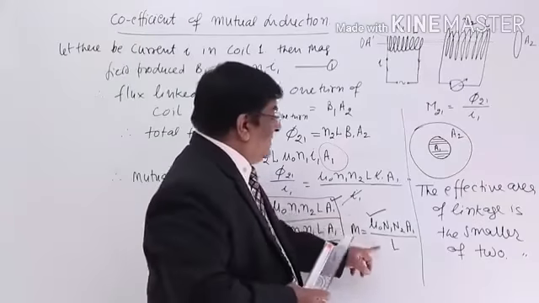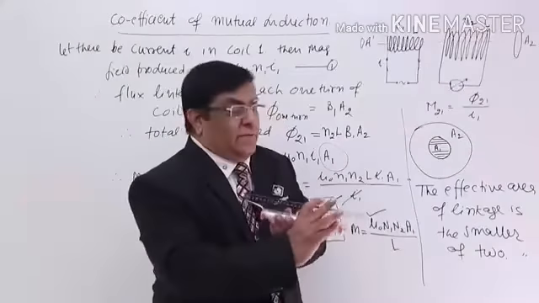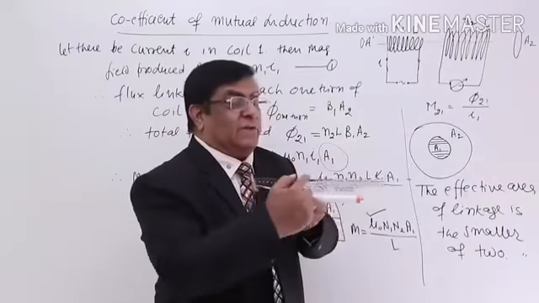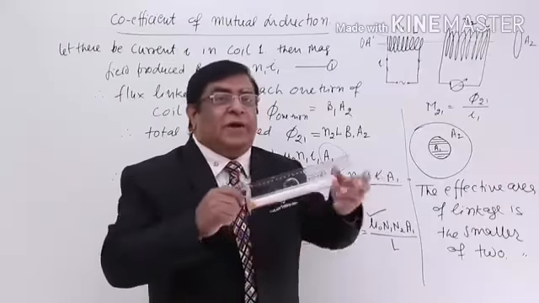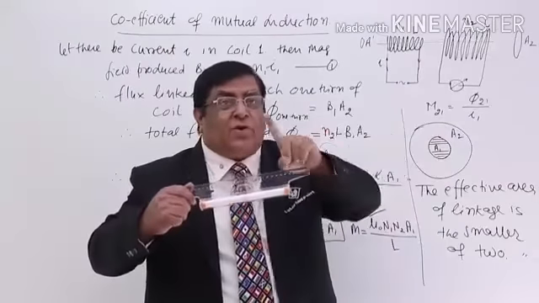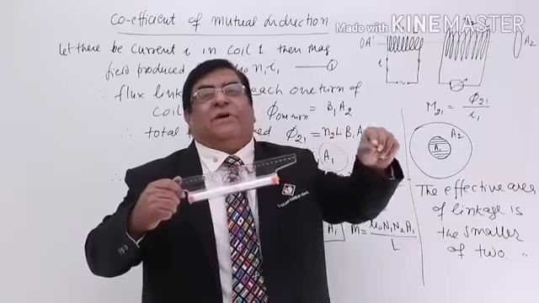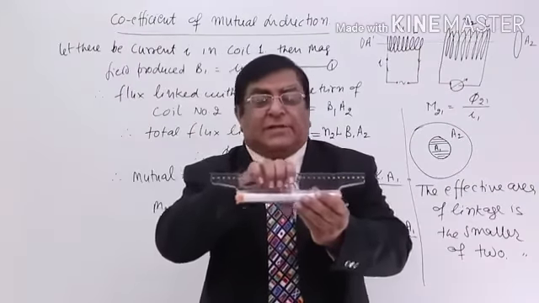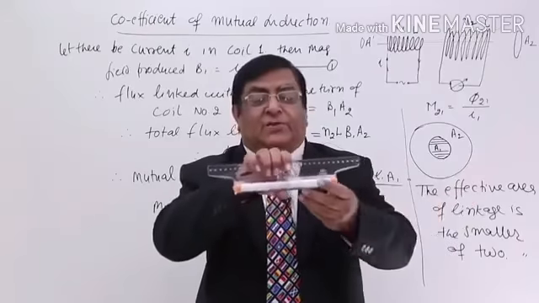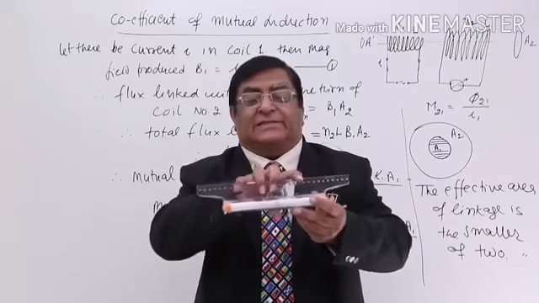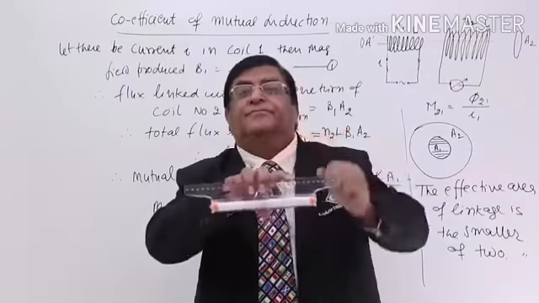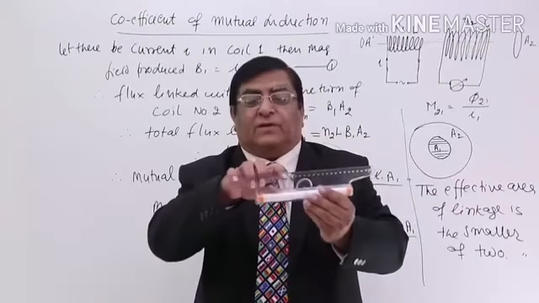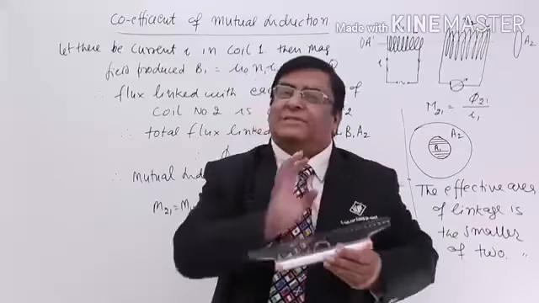In this case, the total number is constant. From here to here, there are 1000 turns. If you are increasing the length, you are not allowed to increase the 1000. So what you have to do, if they are close by turns and you want to increase the length, you have to make the turns like this. This 1000 will spread to this, the length has increased.